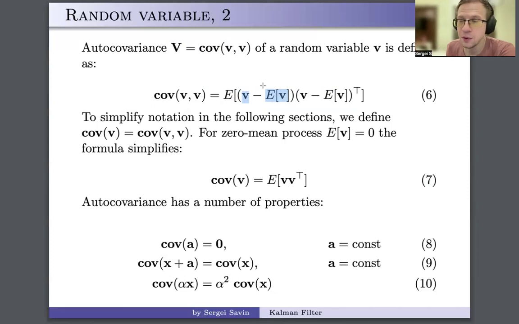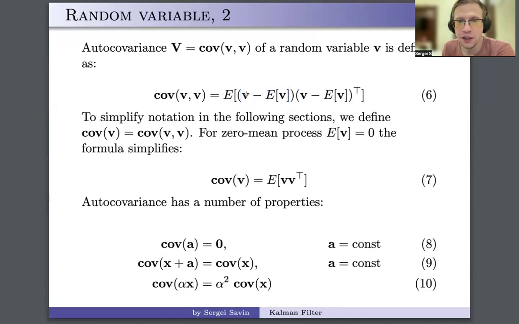So the distance from the mean. As you can imagine, this is quite convenient, thinking about it this way, distance from the mean, right? But regardless of that, that is simply definition. You get your variable, subtract from it its mean, and what you get is this distance from the mean, right?